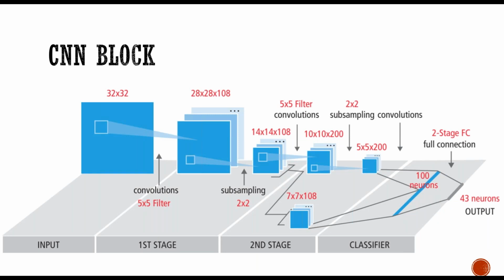In a CNN block, the convolution plays a key role. The role is feature extraction, but the features are not hand designed. The convolution filter and the kernel weights are decided during the training process.